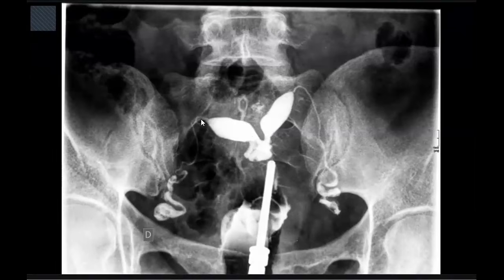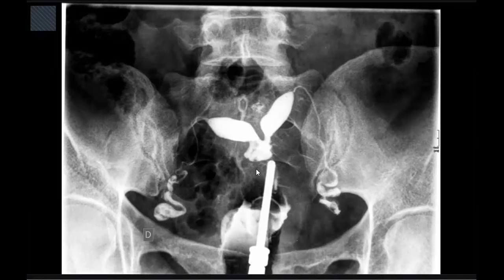On the basis of the angle between these two cavities, if this is more than 105 degrees, then it will be a bicornuate uterus. If it is less than 105 degrees, or less than 75 degrees in fact, then it is more in favor of septate uterus.